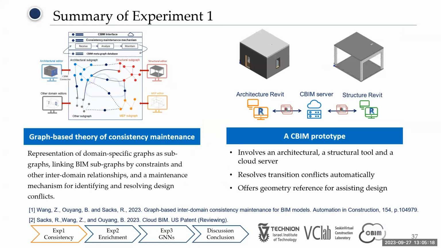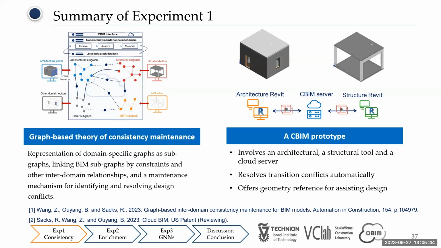Summary of experiment 1. Here, we propose a graph-based theory of consistency maintenance. It contains the CBIM concept, which has three steps: graph representation, graph linking, and graph application. It's necessary to point out that those three steps are not necessarily linear forward. Each one can be iterative.